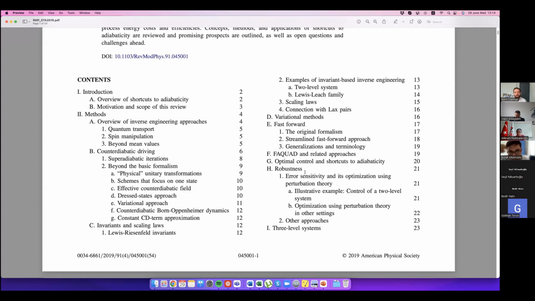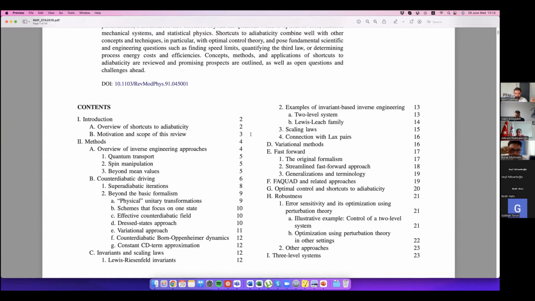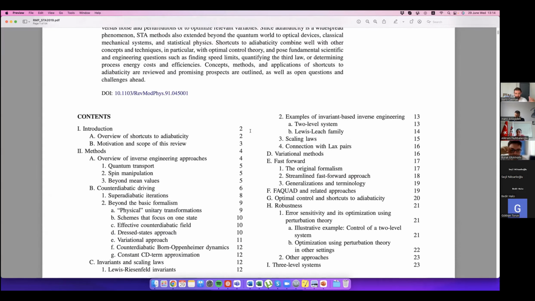Counter-diabatic driving is one of the first of these, at least the first popular version of it. Therefore, I wanted to go over this. But as I said, there are many different approaches, and if you are interested in these things in general, I would recommend you to go over this. This is a bit more technical, beware.